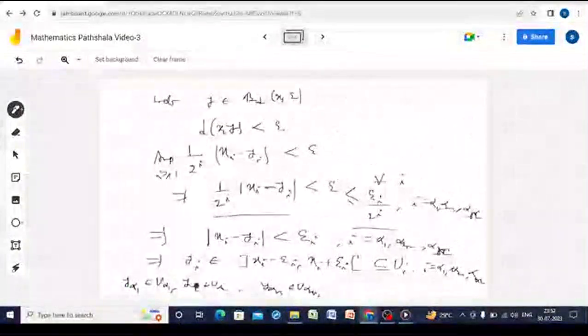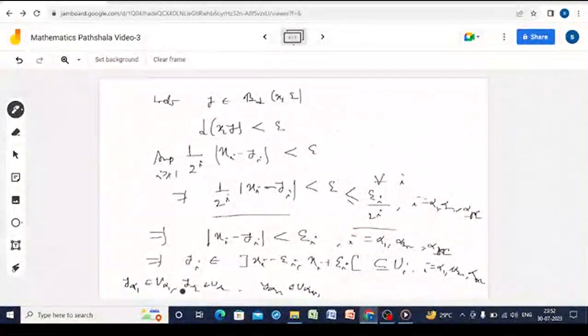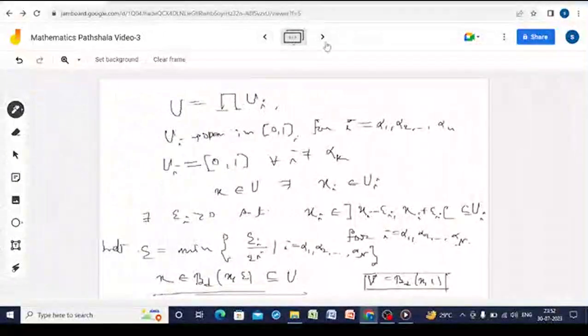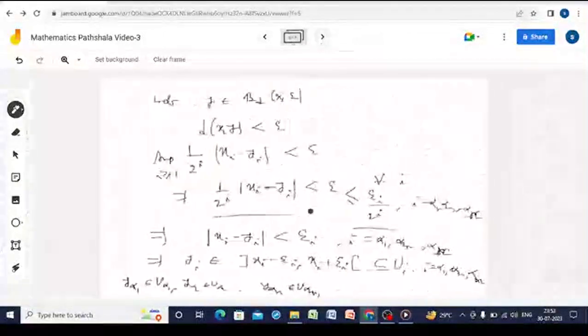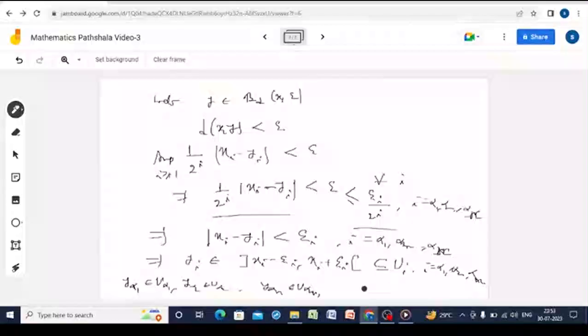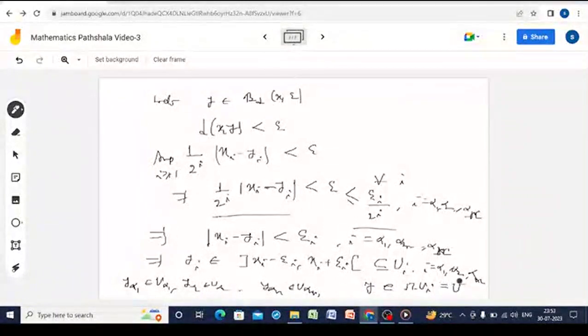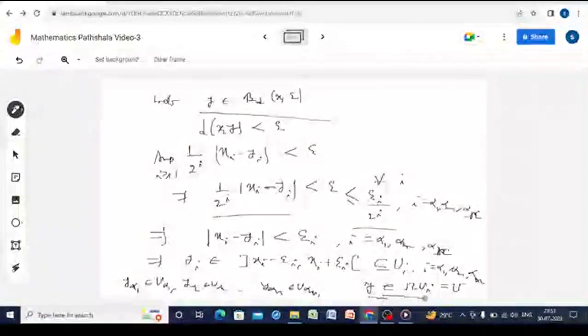So since here y alpha 1, y alpha 2, up to y alpha n belong to U alpha 1, U alpha 2, U alpha n, and the rest are the closed interval [0,1], clearly the other yk will be in the closed interval [0,1]. So our y will be in this product of Ui, and that is equal to our U. So we have taken an arbitrary y belonging to Bd(x, epsilon), and we get this y belongs to U.